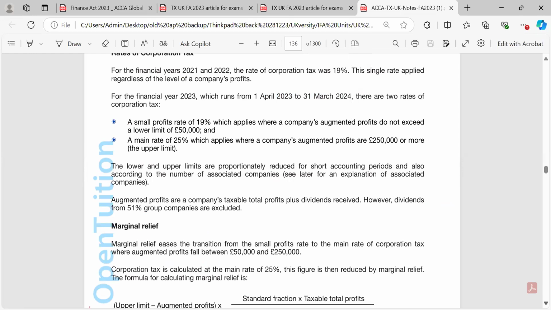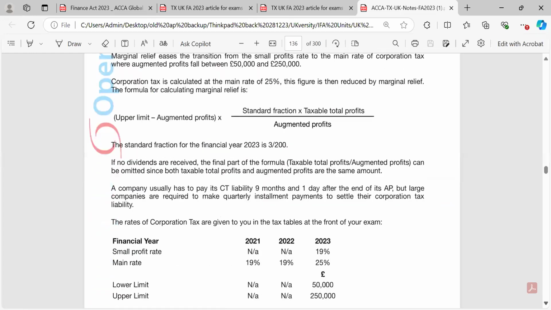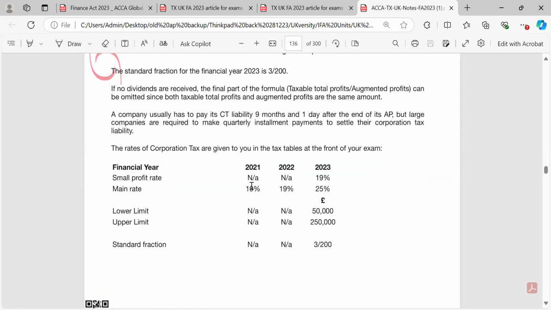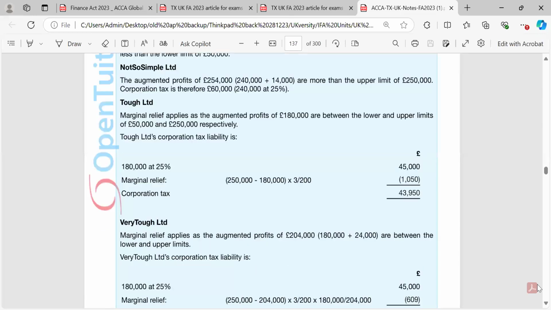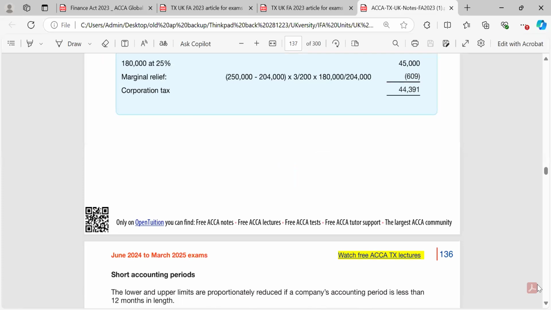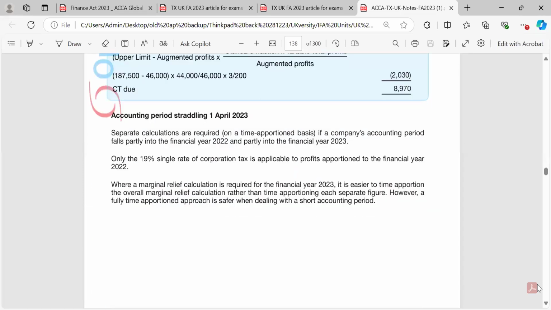We are given the marginal relief example, with upper and lower limits, and the rates. These are good examples which we can look at for our tax calculation purposes. Does anybody have any questions?